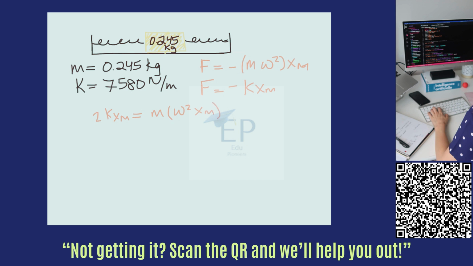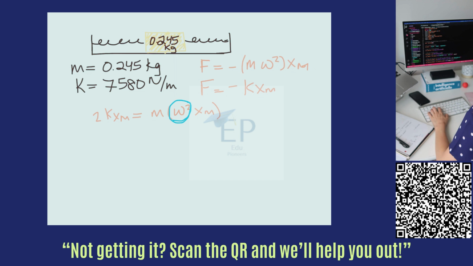And because we put them equal to each other, we're able to get rid of the two negative signs.